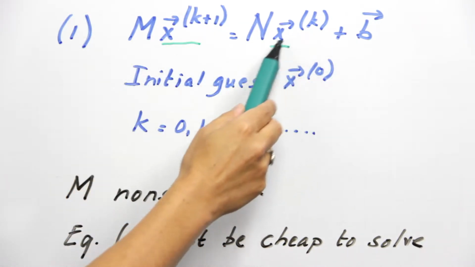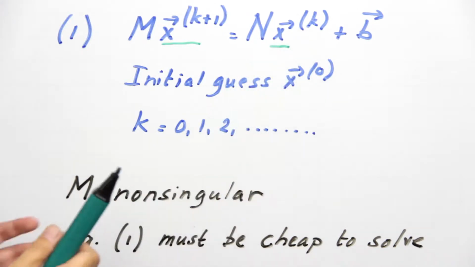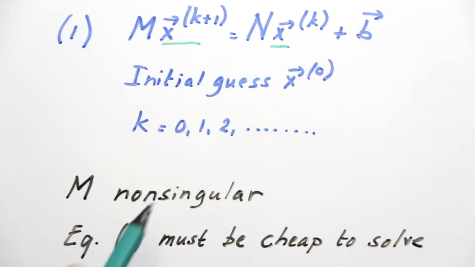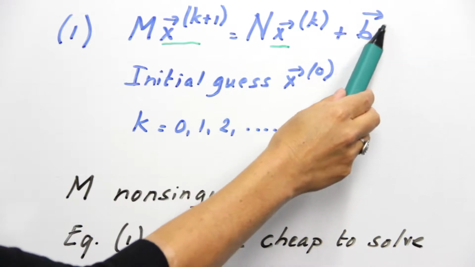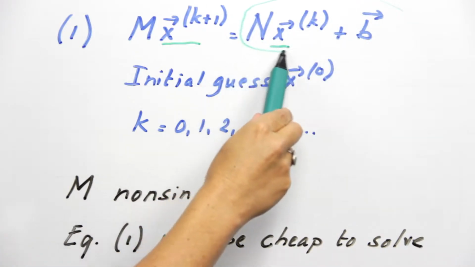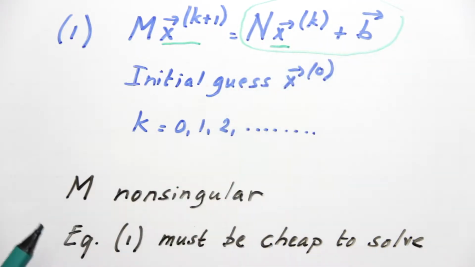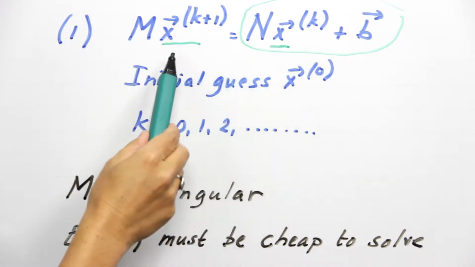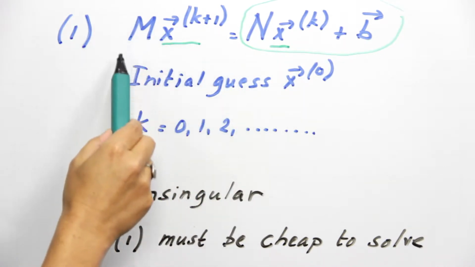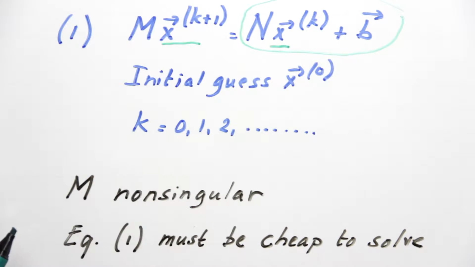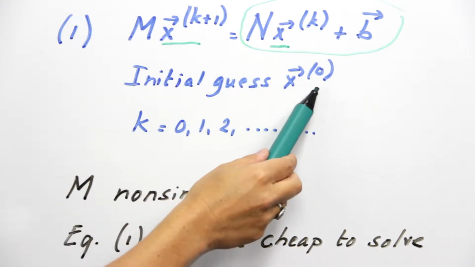So we would get an iteration process like this. We have an approximation xk at some step in our iteration process. We plug that in the right-hand side. This whole right-hand side, Nxk + b, is now known. And we solve for xk+1 by solving this system. We start with an initial guess x0.